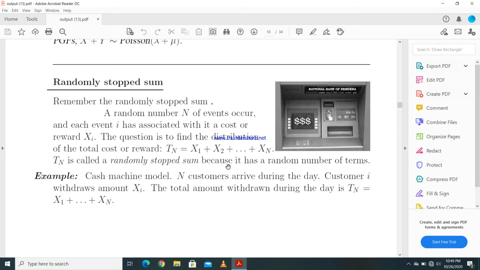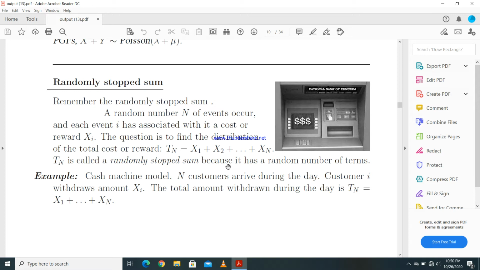Let's say there are 5 customers on Monday, but Tuesday can be more or less than 5. So the number of customers and the amount they withdraw are both random variables. We are interested in the total amount of money withdrawn per day, because if you are the owner of the bank, you have to place a sufficient amount of money in your machine.